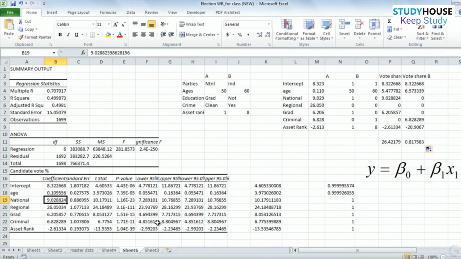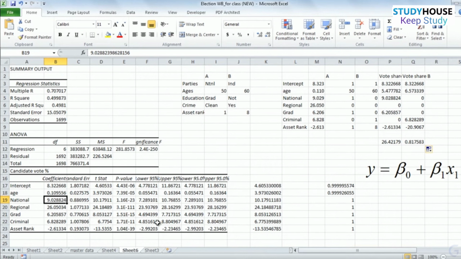Therefore, what we are saying is the anti-incumbency effect, which means because Trinamool Congress, or AITC, was the regional party and they won the election, the candidates from the AITC were likely to get a much higher percentage of vote than any other parties, including the other national parties. If you go back to the data, you will realize that by other national parties, it is mostly the Communist Party of India.